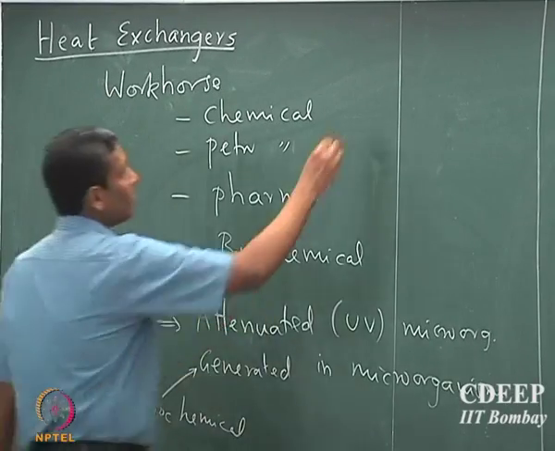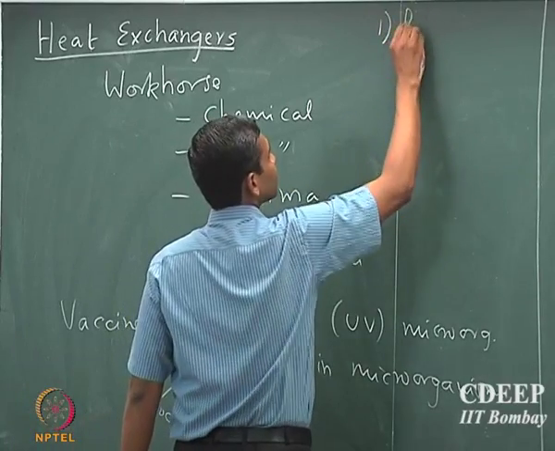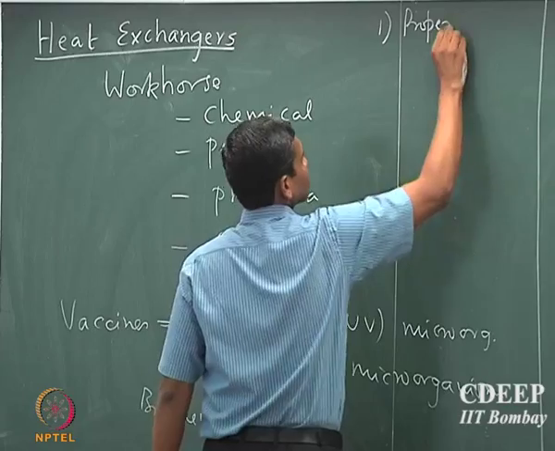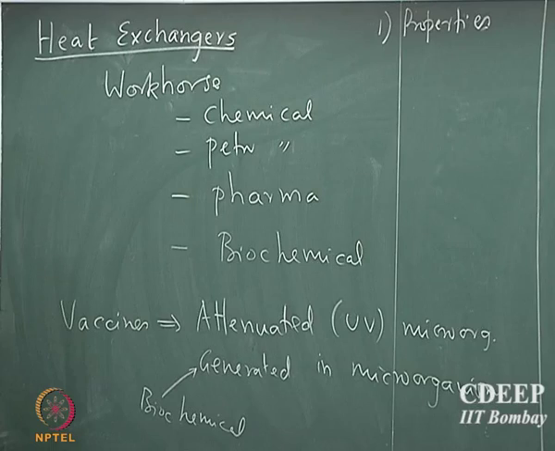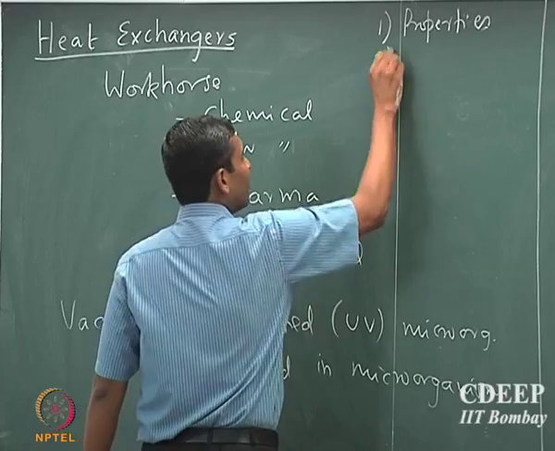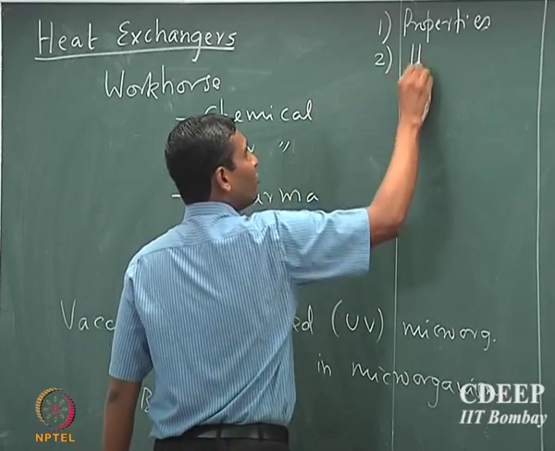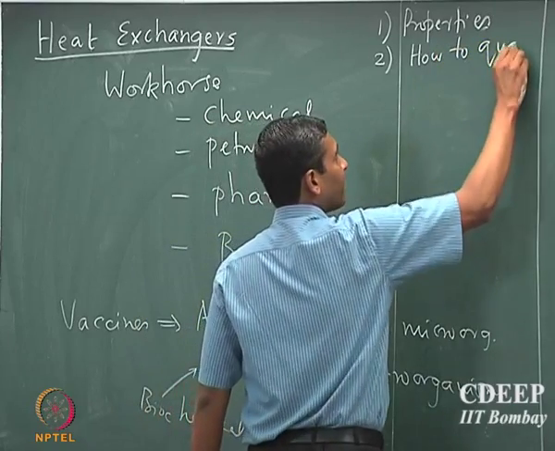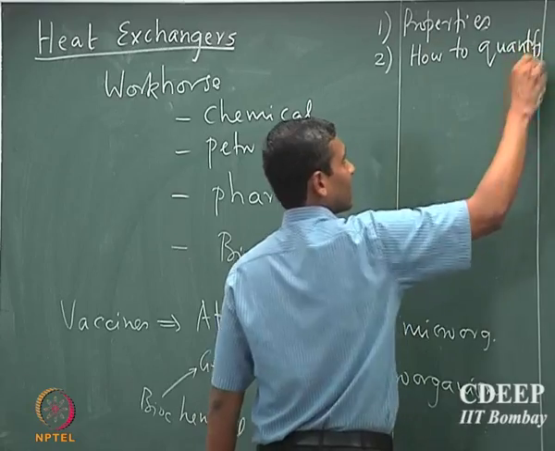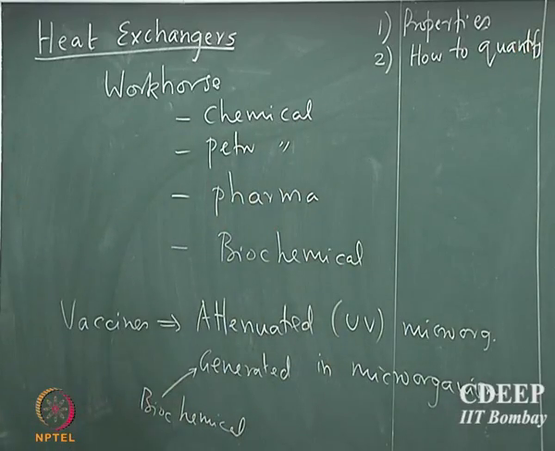We are going to see what are the properties of different heat exchangers, how they look, what are their characteristics. Then we are going to look at how to quantify the heat exchange process.